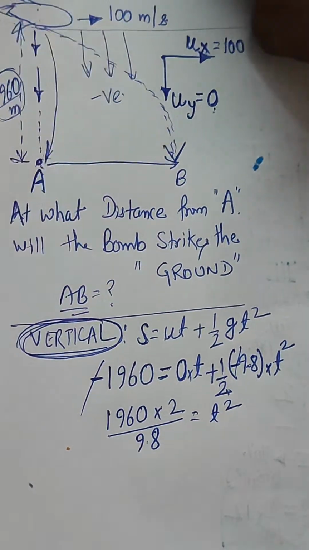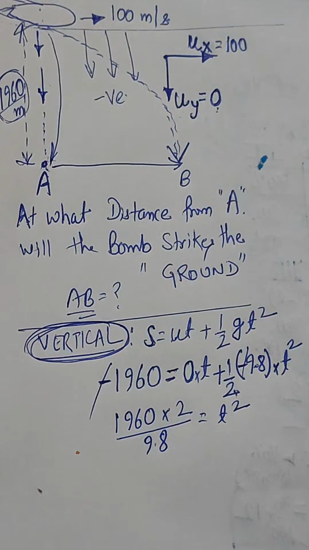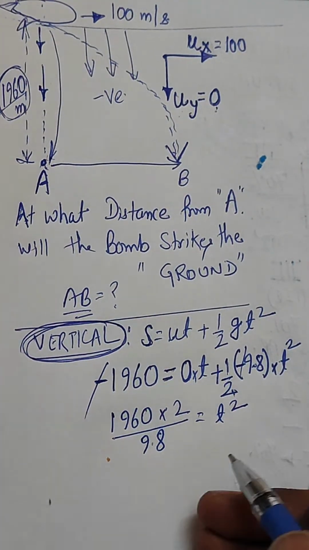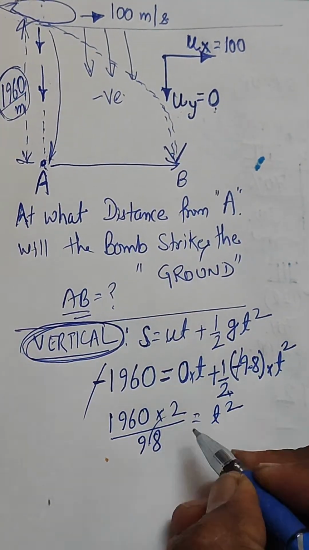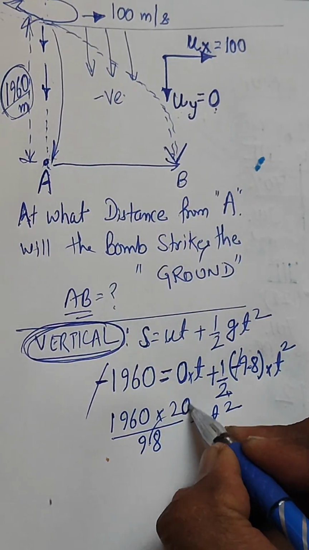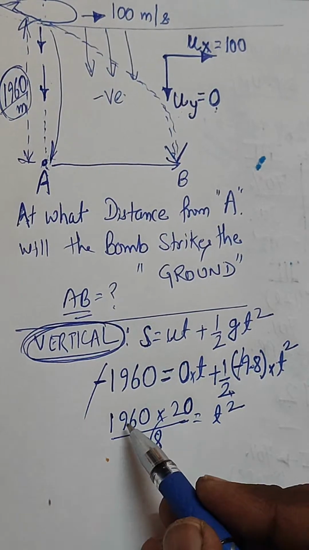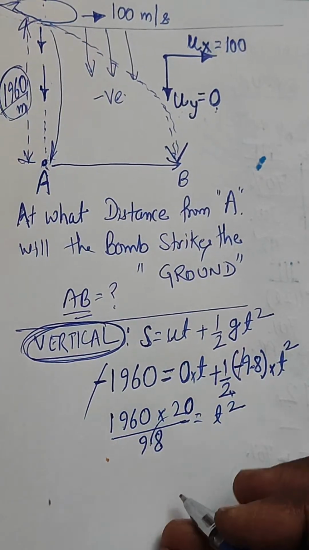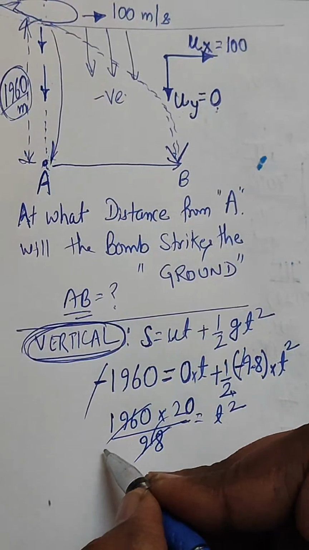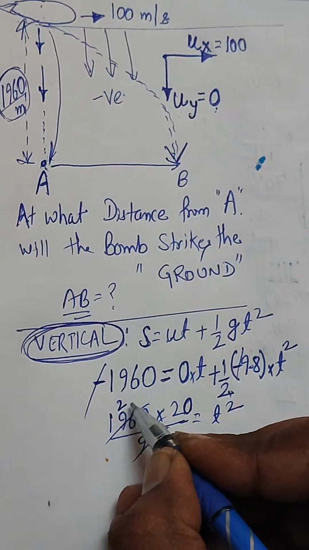This will give you the t square. So from here, just remove the decimal and you can see 20 could be there, right? And from 98, this will divide 196 two times. So just divide two times, so it will become 20.